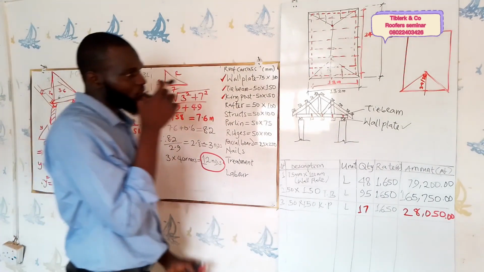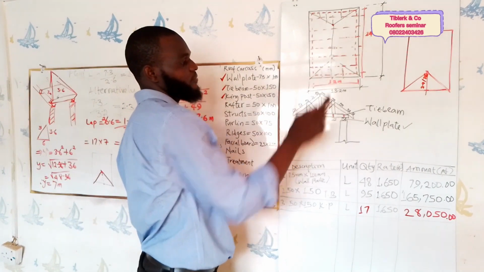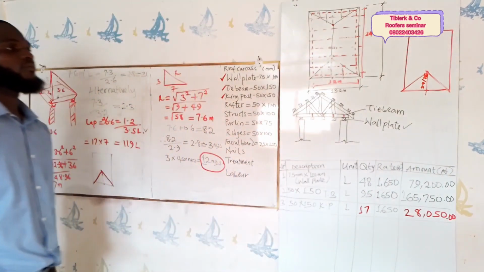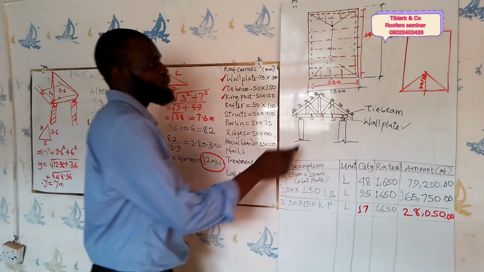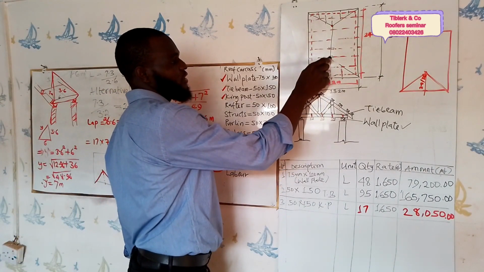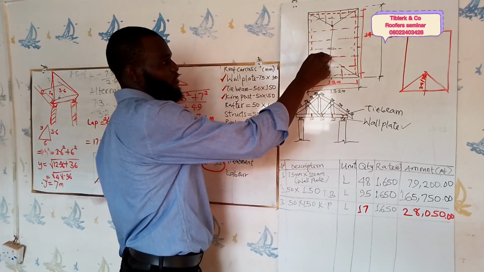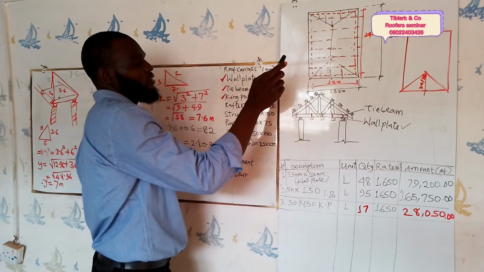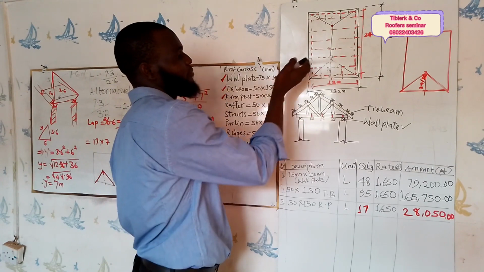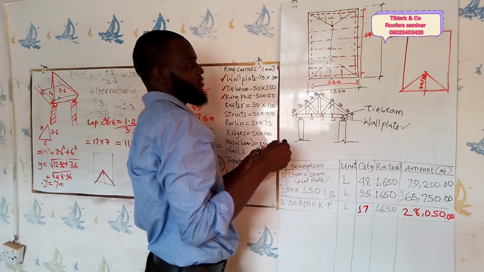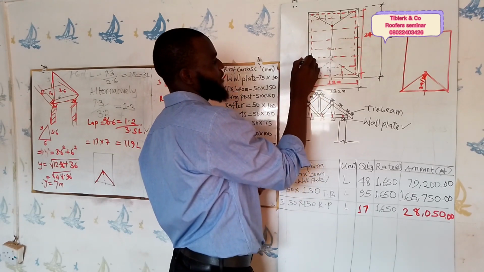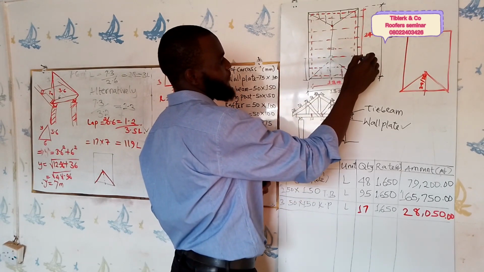Now, can I move to this place? We need the length of this middle one. Or before that, I will complete these. Yes, let's complete these angles from here to here in 4 places.